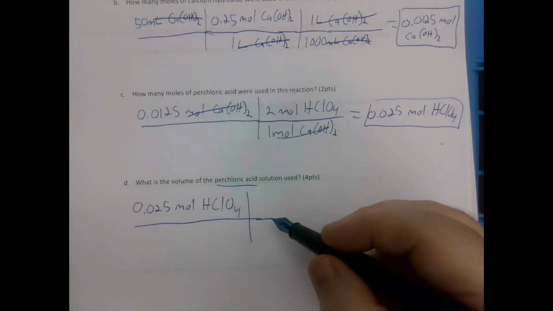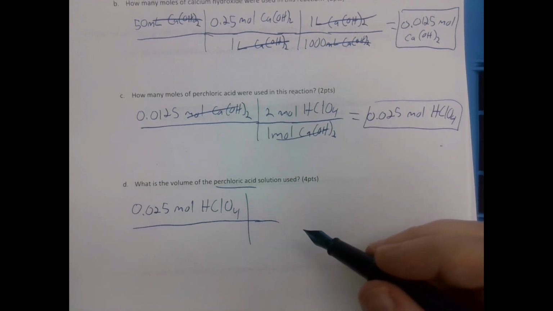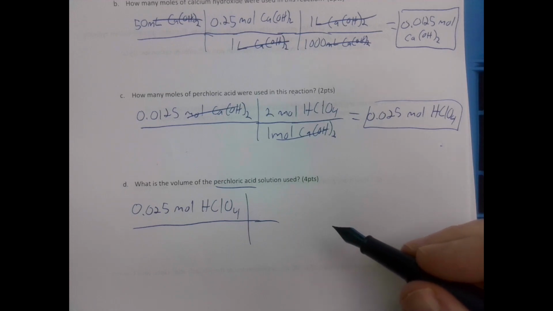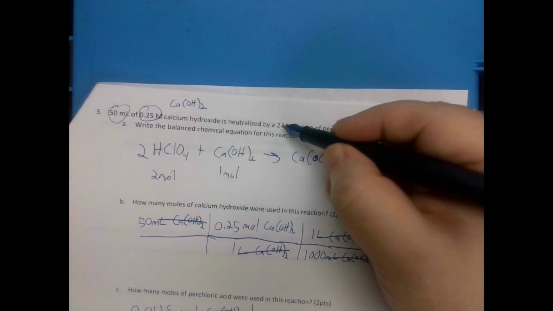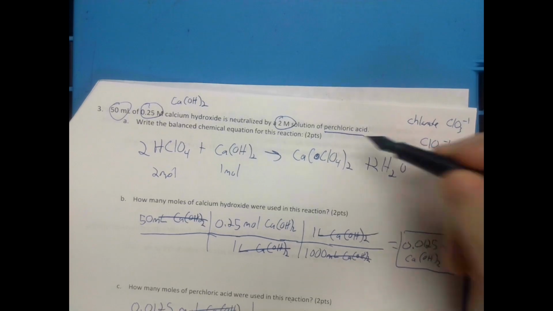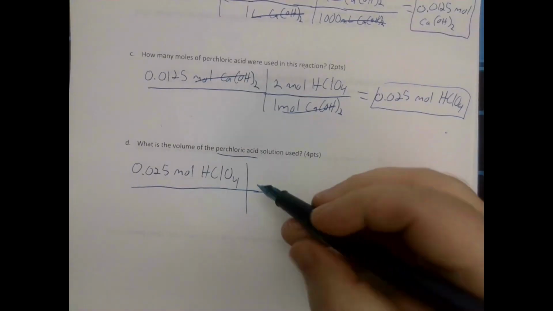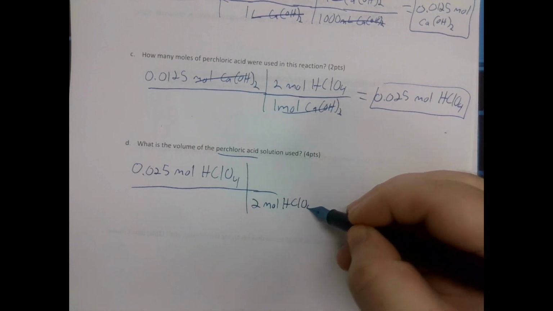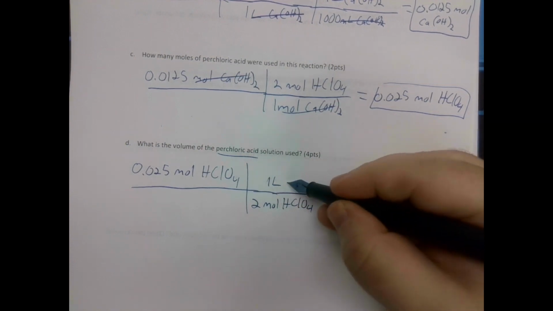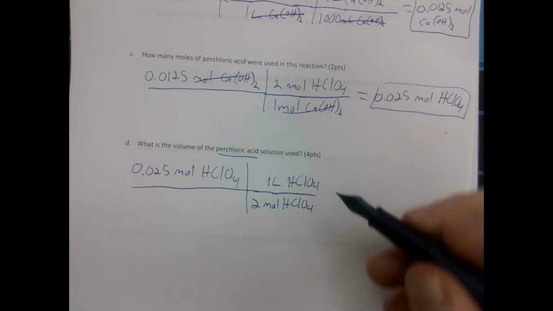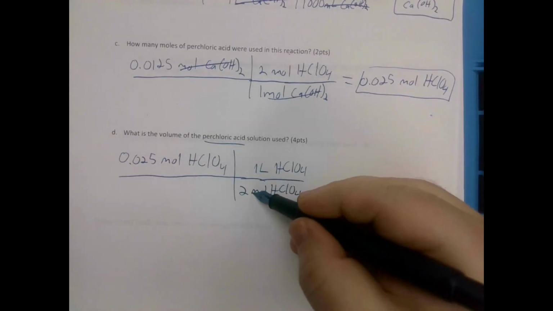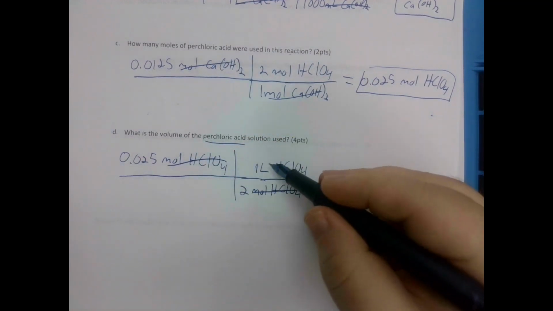Well, I know the molarity. My molarity is 2 molar of perchloric acid, so that means it's 2 moles of HClO4 to 1 liter of HClO4. That's my conversion factor. 2 molar means that. That means moles cancel out, and I'm in volume.